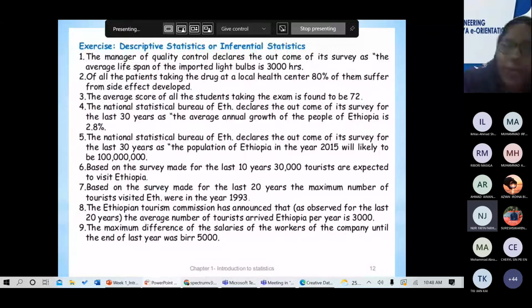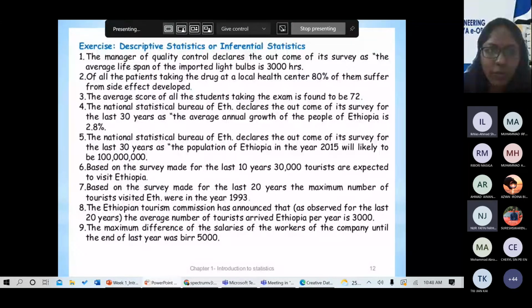Okay, why descriptive? Anyone can answer why descriptive? Or does anyone think it's inferential? I say it's descriptive because it's just saying that 80% of them are suffering.